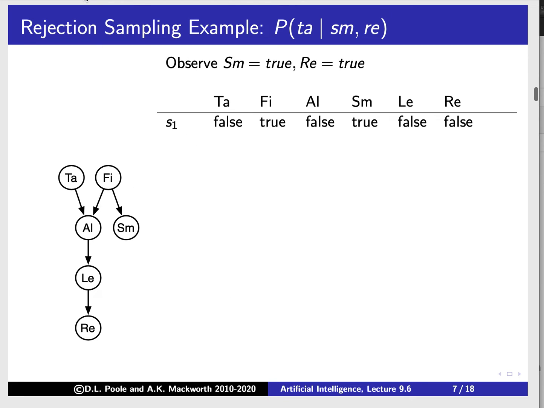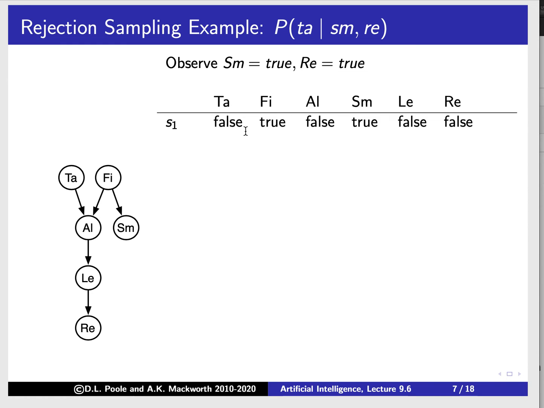So let's look at how this works. This is our familiar example we did before, with tampering, fire, alarm, and report. And suppose we observe smoke is true and report is true. So we observe smoke and report. Okay, we generate one sample by random chance.